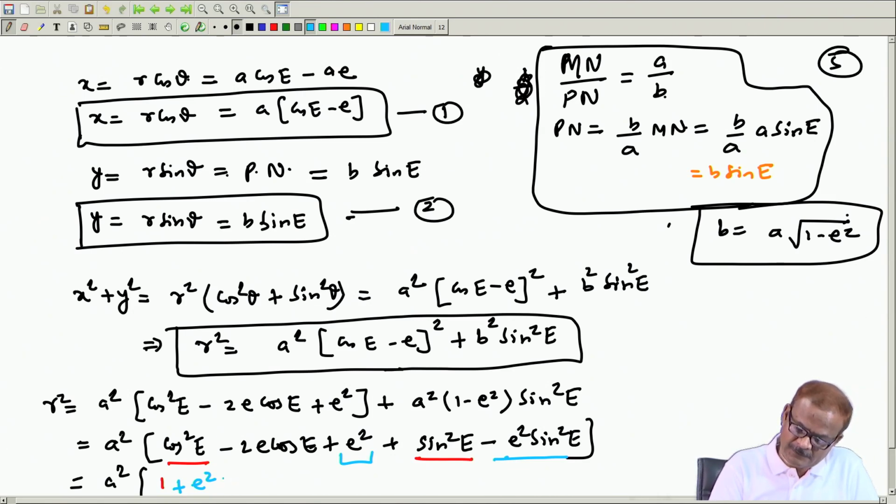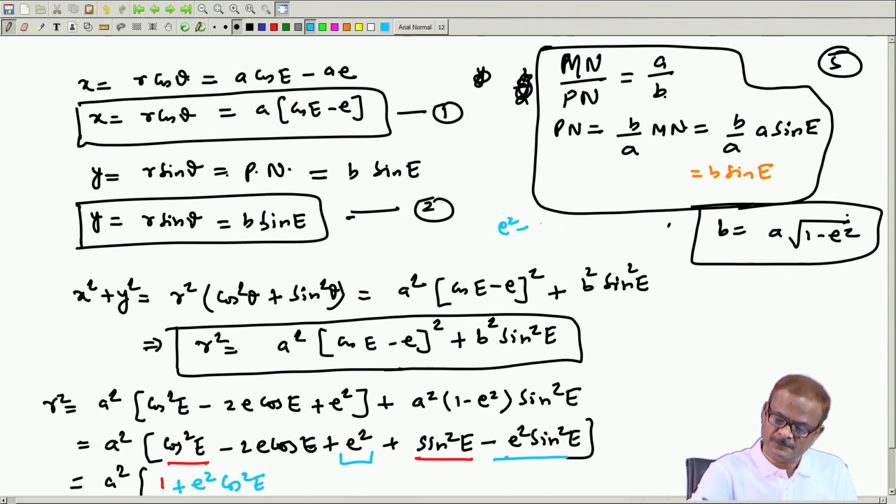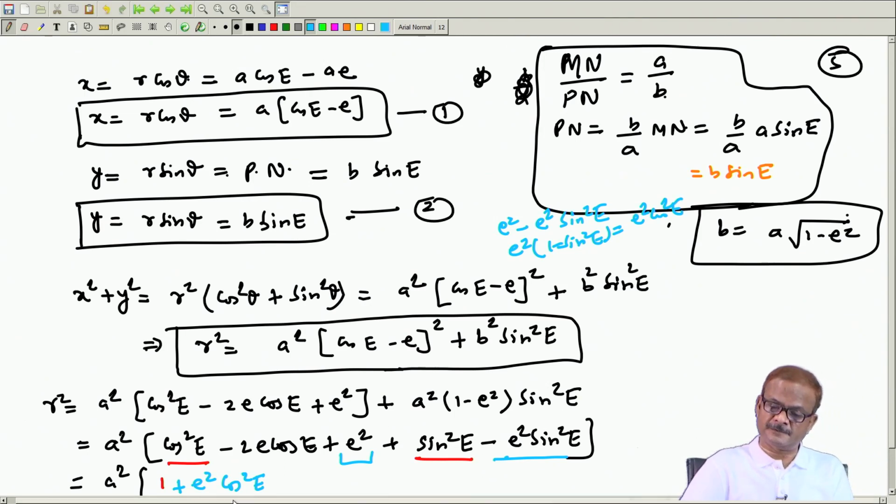So that becomes cos square E. One step I am skipping. Here I will write e square minus e square sin square E, this equals e square times (1 minus sin square E), this equals e square cos square E. So this I have written here in this place.